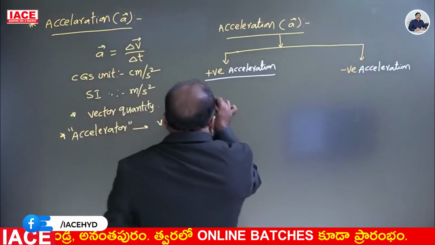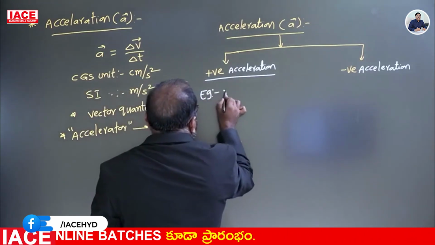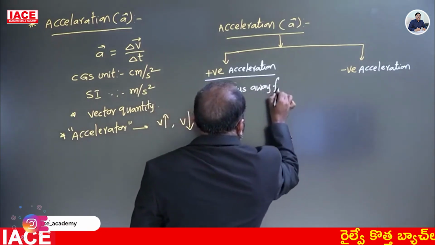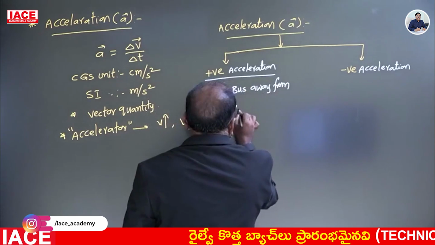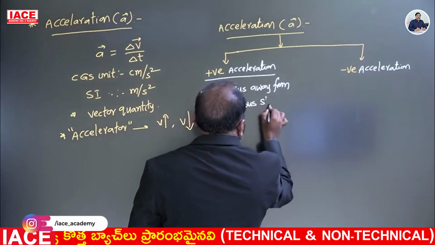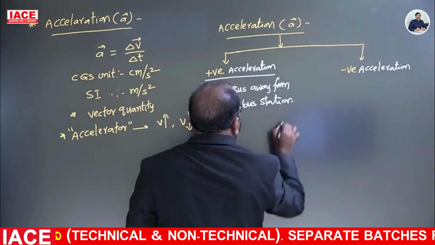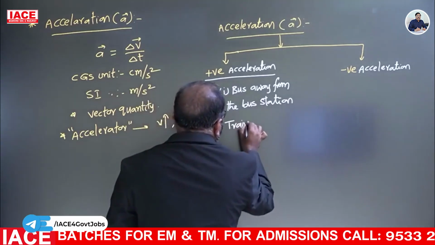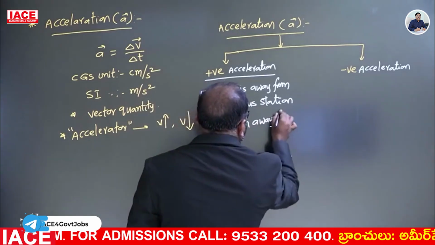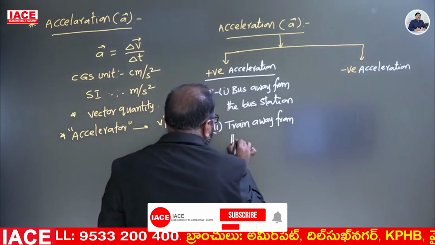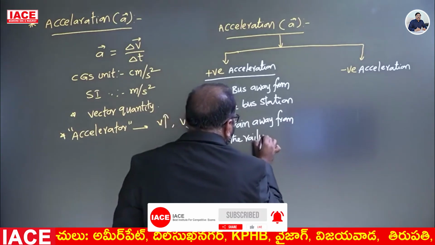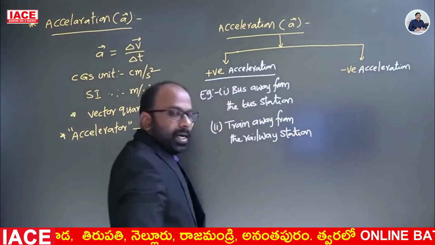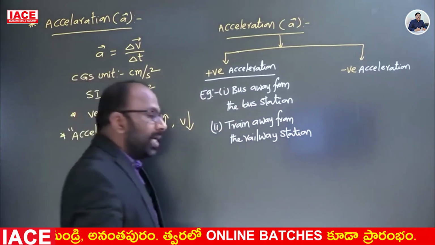For example, a bus away from the bus station, a train away from the railway station. So when it is away from the rest position, its acceleration is positive acceleration.